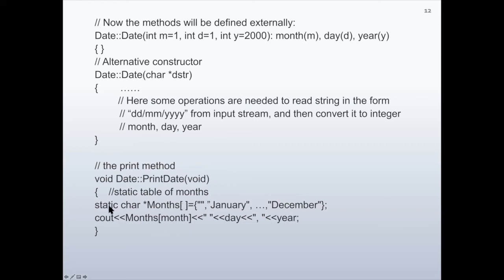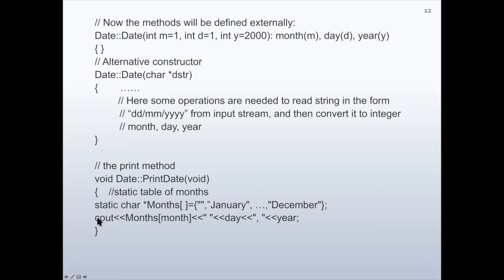And static means that once this array is created, after that, when the print date is called, that array is used. In the other case, if this was not static, the array months was going to be created for each call.